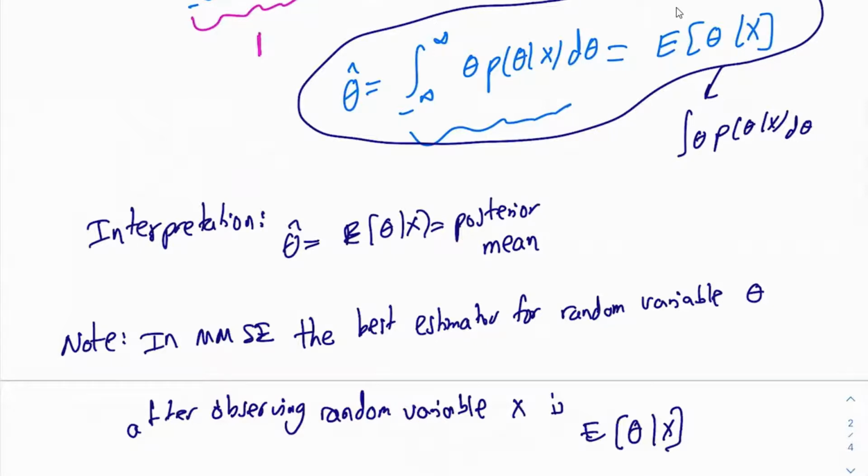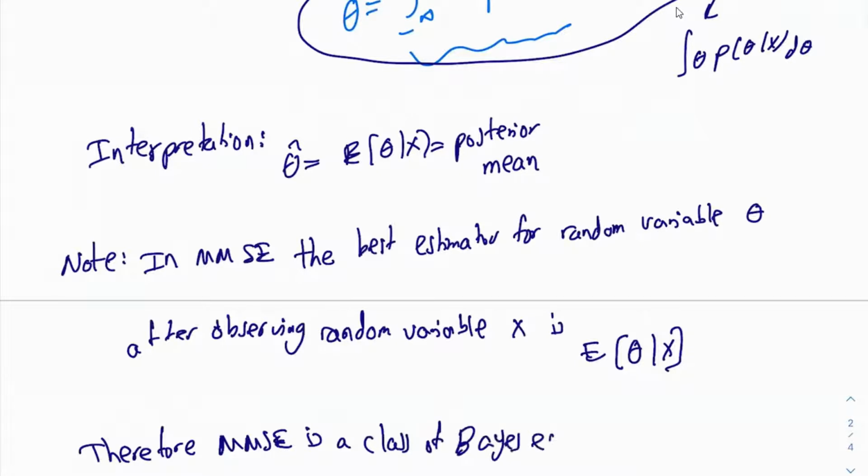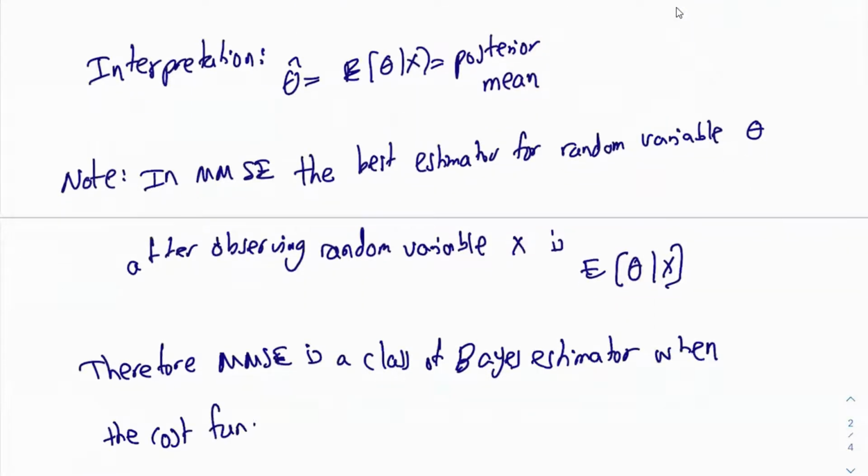So MMSE, therefore, MMSE is the class of Bayes estimator when the cost function C of theta, theta hat is equal to quadratic cost.